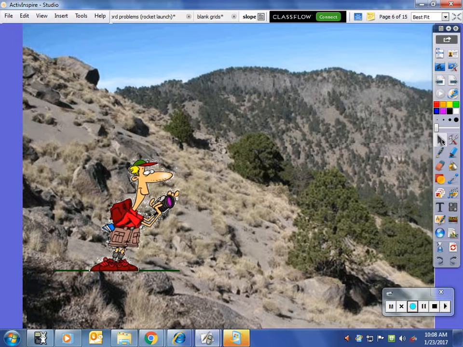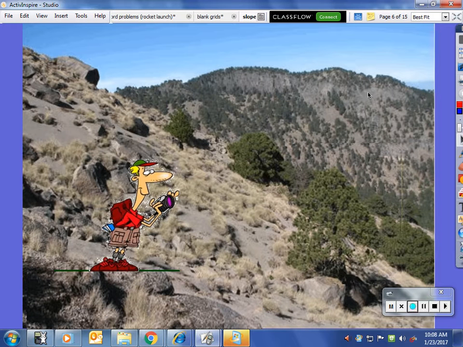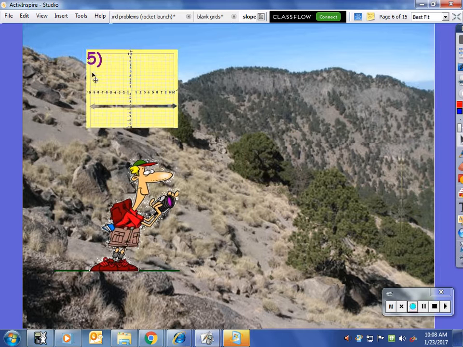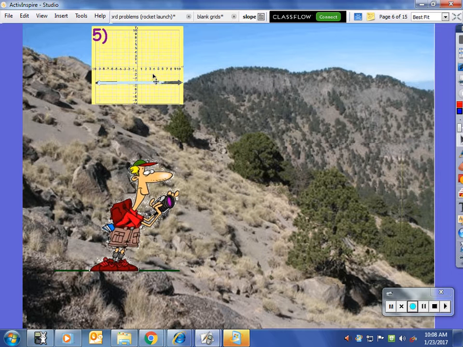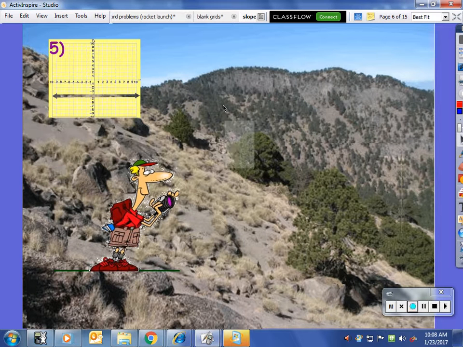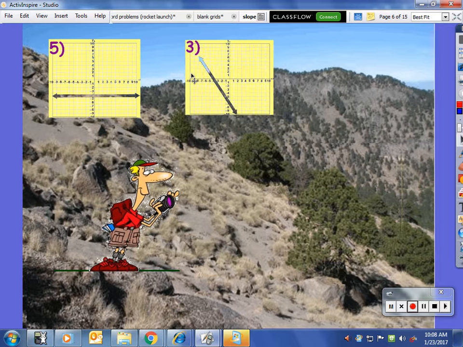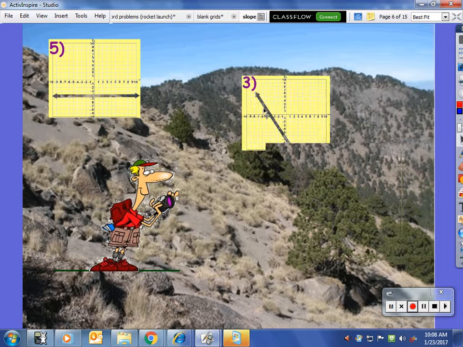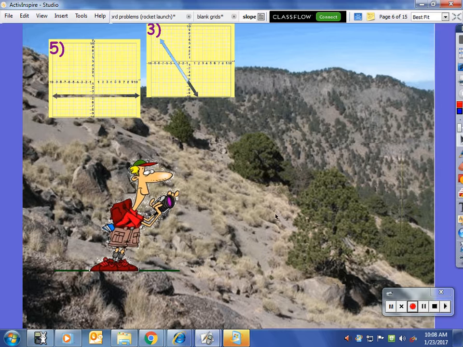Okay, shall we just do some examples? What kind of slope is this? 0. This has a slope of 0. You see it? It's horizontal. Here's one. What kind of slope is this? Negative, because it's going down.